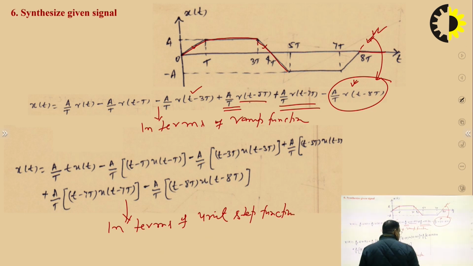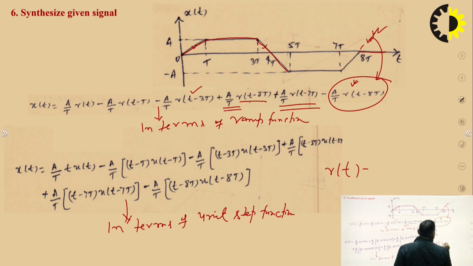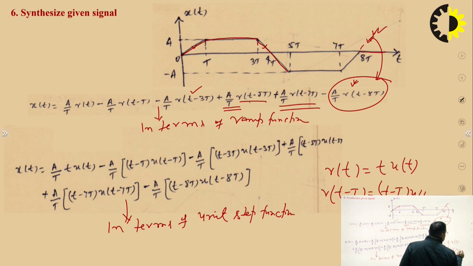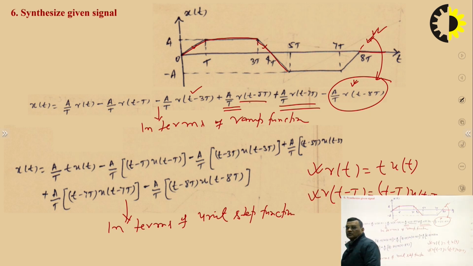What we have done, we have used this r(t) is equal to t u(t) for ramp and unit step. Suppose there is a shifted ramp, so it can be written as (t minus T) u(t minus T). So these two equations we have used to convert the ramp into unit step.